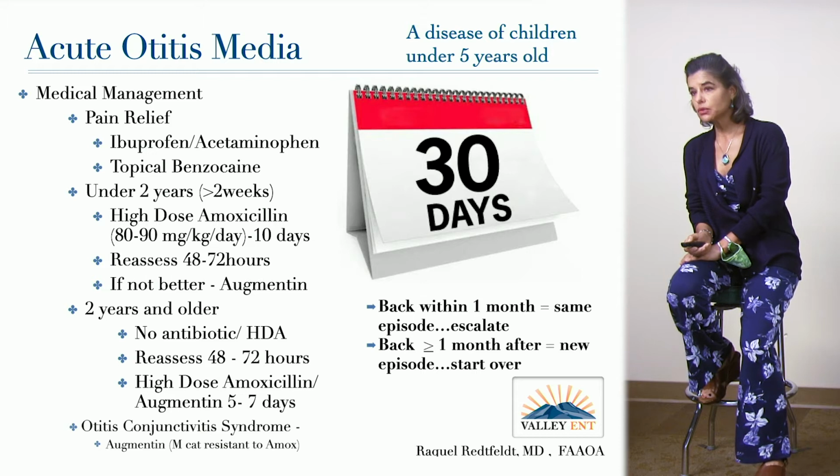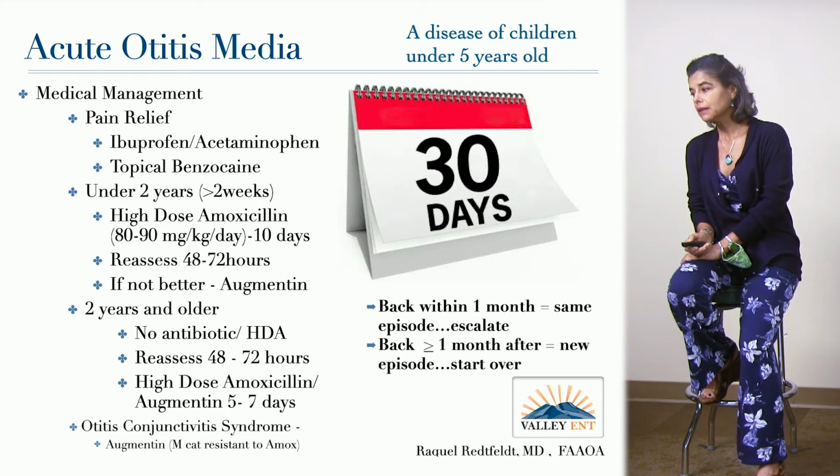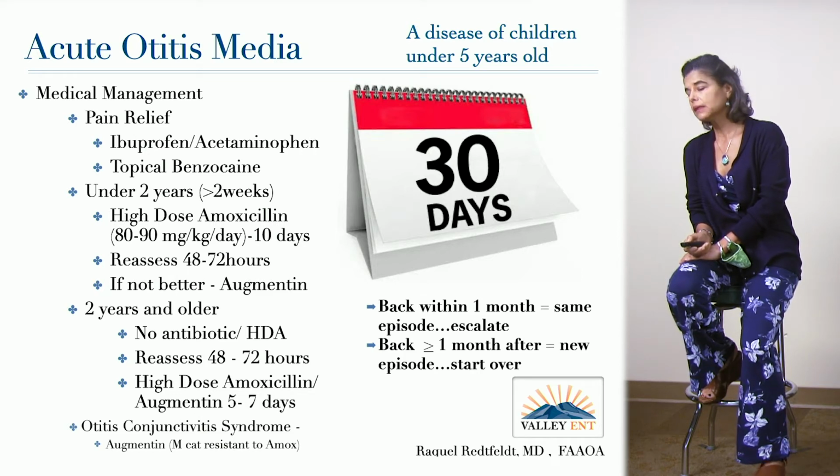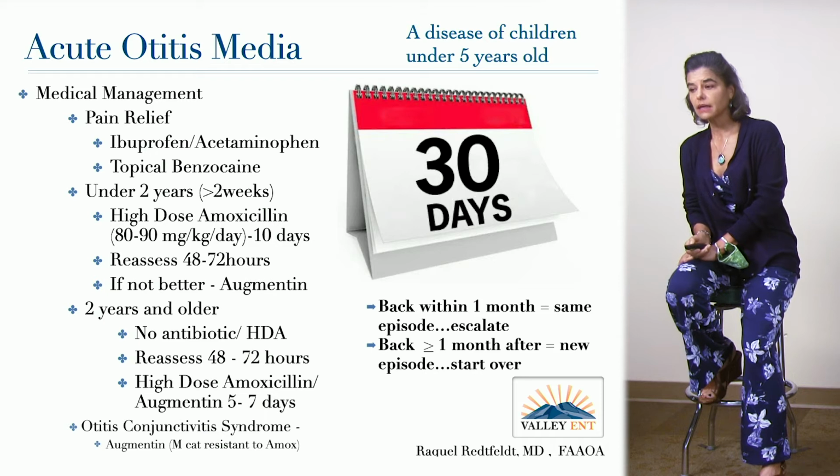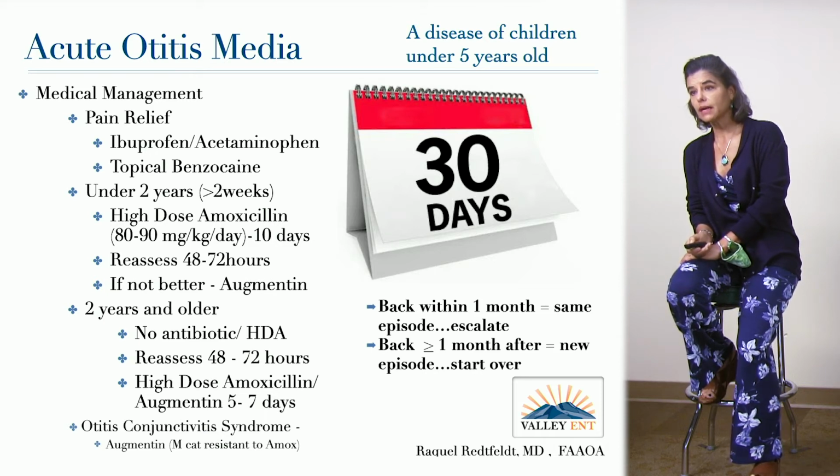And then if they're 2 years and older, when you first see them, you can have a discussion about antibiotics on the pediatric GI tract and the maladies that can come from messing up someone's microbiome, and try not to do an antibiotic. Especially if you have an immunized child, your chances of really having the problem go very south is very low because of the fact that we vaccinated and we have this lower strep pneumo infection rate for acute otitis media.